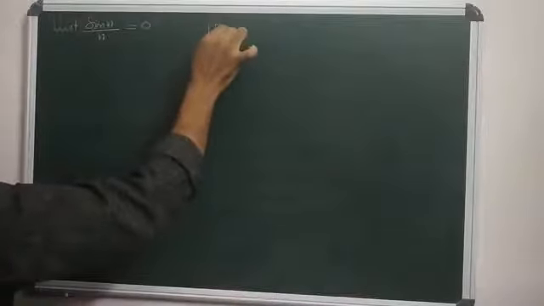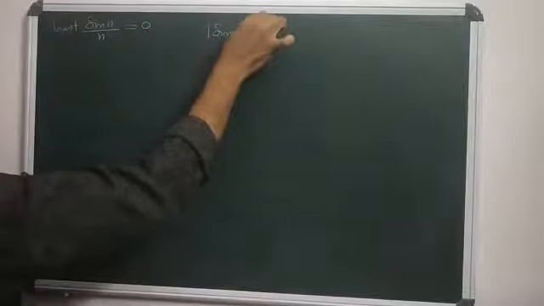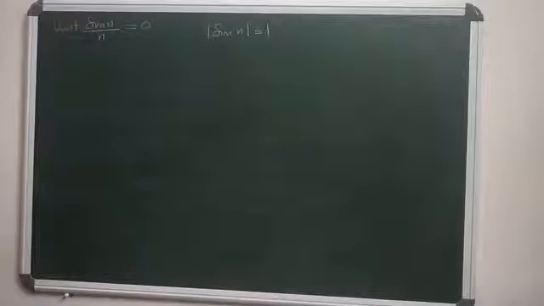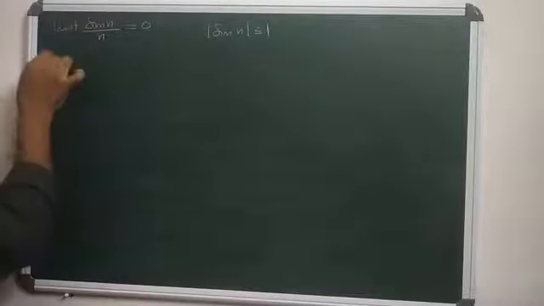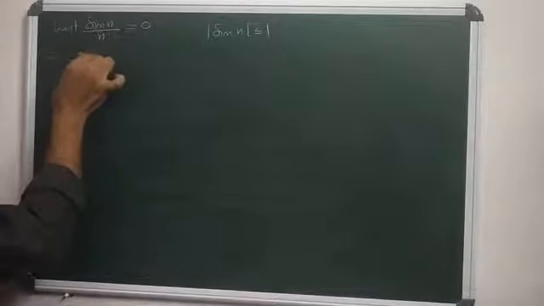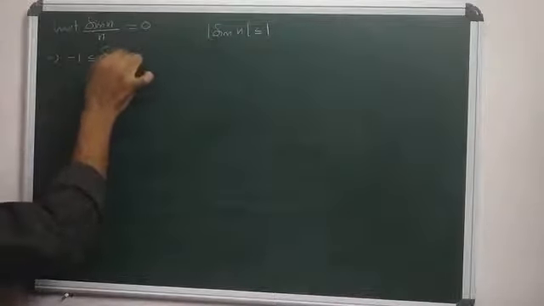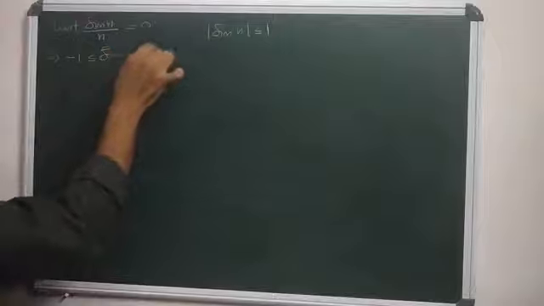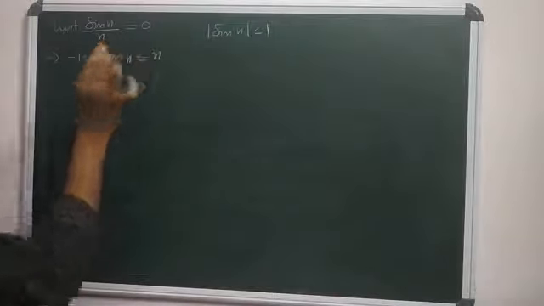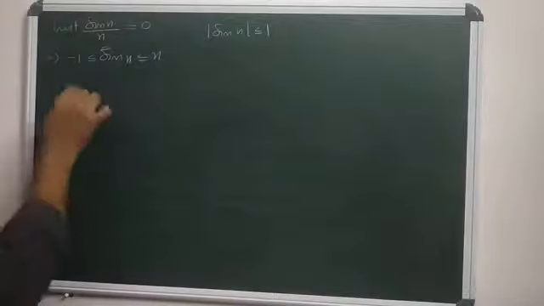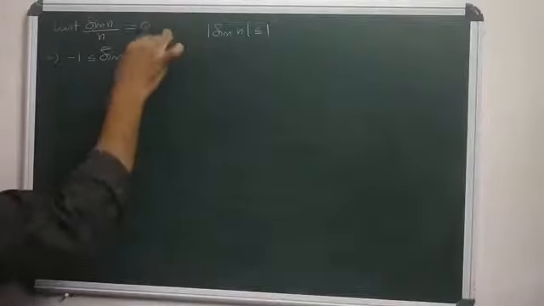Why? Because we know that modulus of sin n, modulus of sin theta, is less than or equal to 1. That means minus 1 is less than or equal to sin n, which is less than or equal to 1.